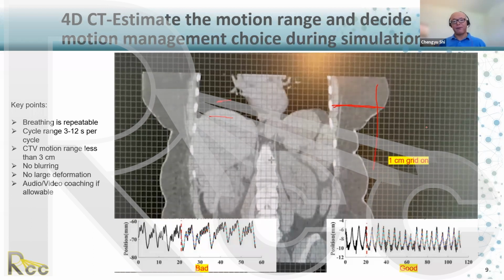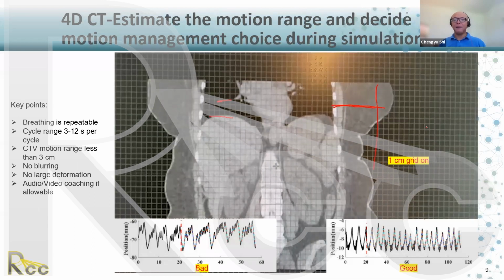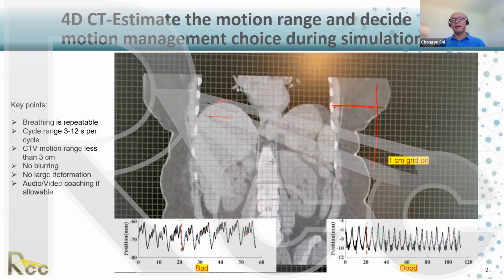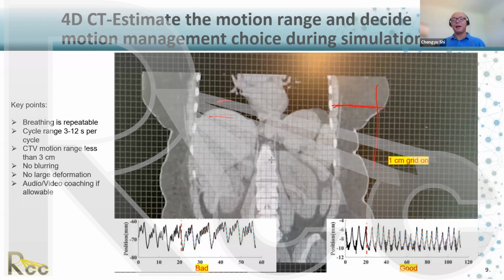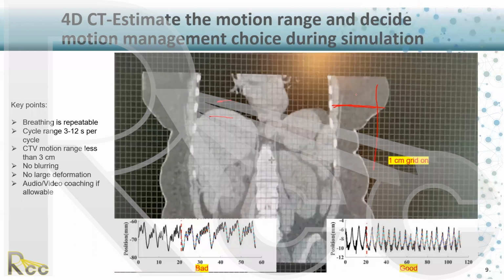I think it still helps. I didn't do a good study on it, but it's interesting to see that it may help a lot compared to free breathing.